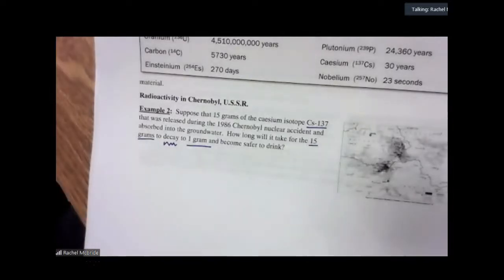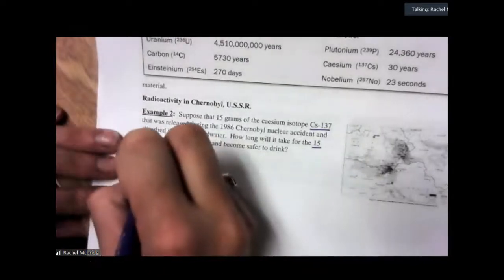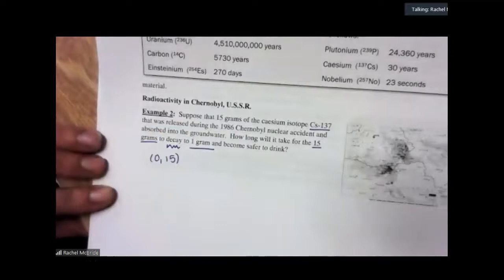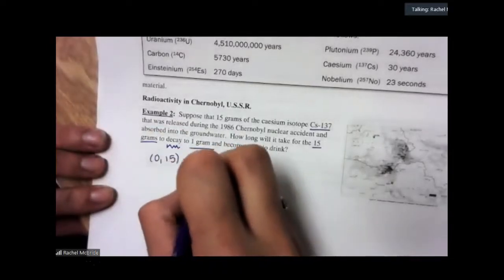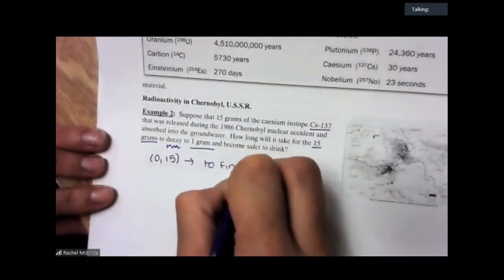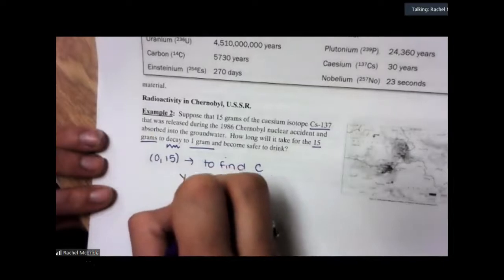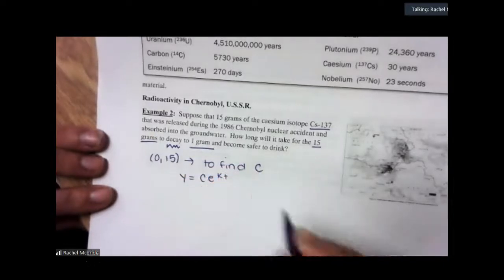So we're going to fill in what we know. What we know is the initial. So the initial condition is that at year 0, there is 15 grams. And we're going to use that to find C. So we have y equals ce to the kt.